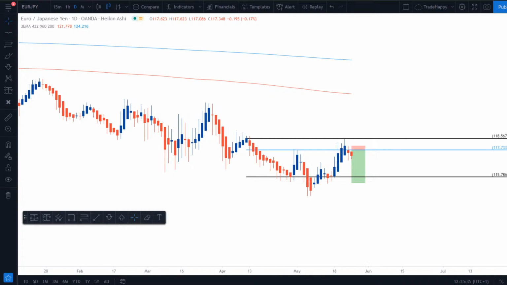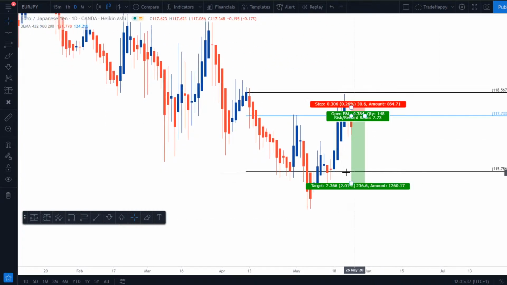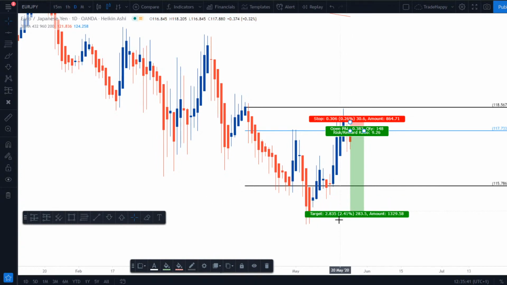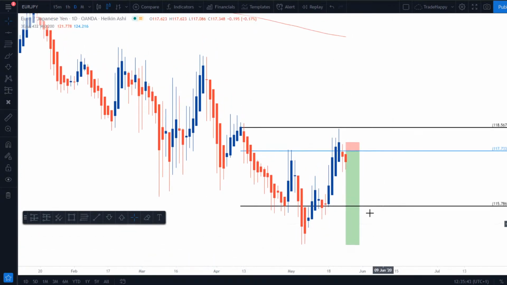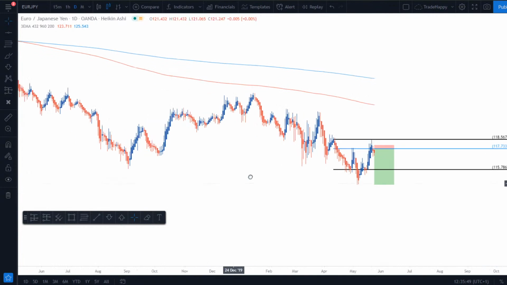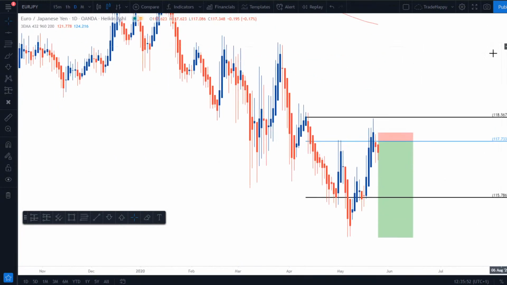The take profit isn't relevant. That's just where I've dragged it to. There's a recent low in here that could be, but then there's also one here. So that's the kind of trade I'm looking at for this week and also next week, which is a really, really nice trade.